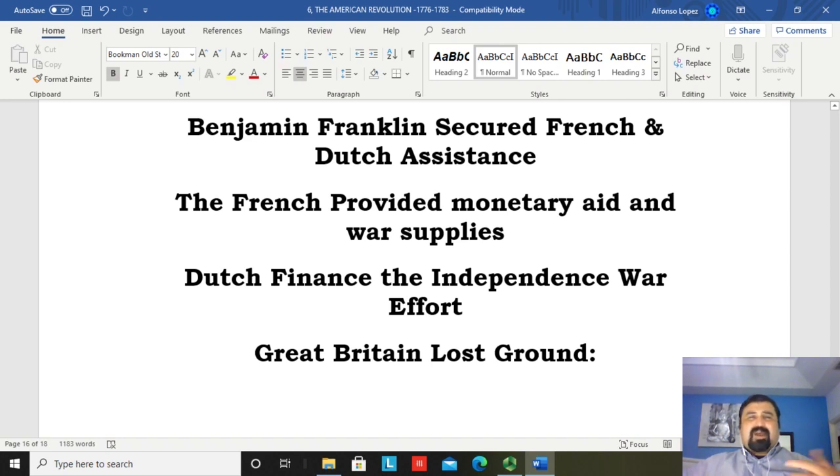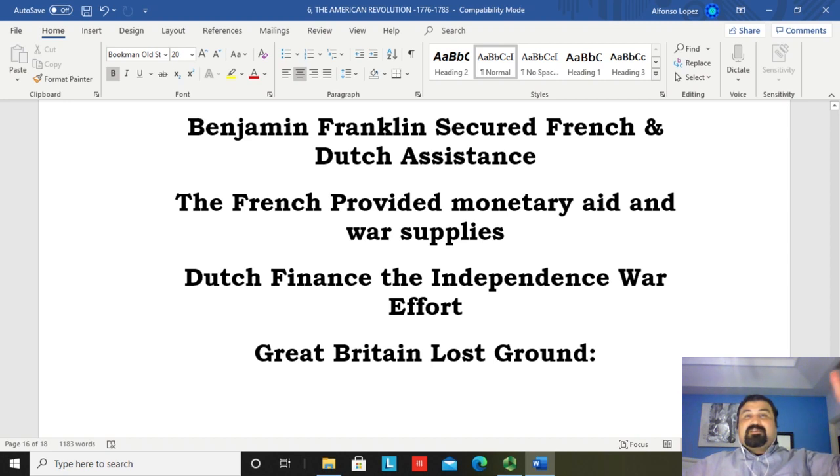And of course, France and Holland were so willing to help the colonies gain independence because, from their perspective, if the colonies gain independence from Great Britain, on one hand, they will consider that to be retribution, vengeance against the British. But on the other hand, that will entail also the possibility of resuming trade in North America.